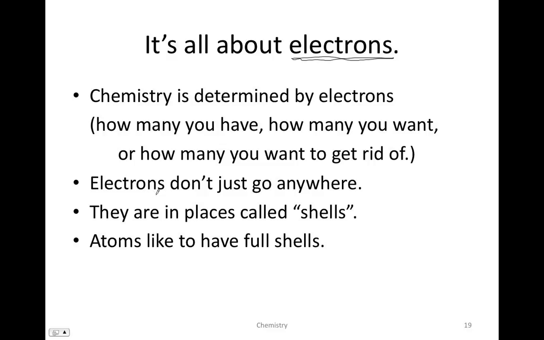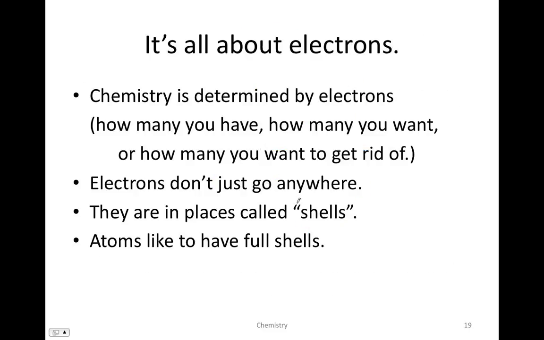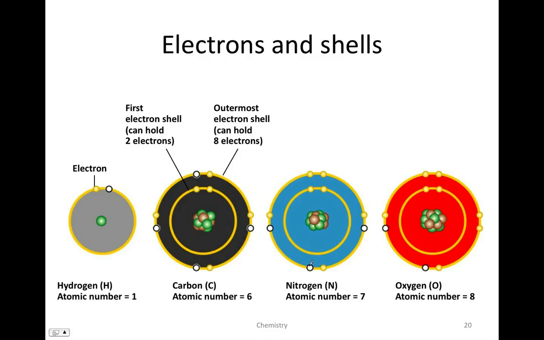Now, electrons can't just go anywhere. Electrons are orbiting the nucleus, and their orbits are prescribed. Their orbits are certain shapes or certain forms that are called shells. And the atoms like to have their shells full of electrons.